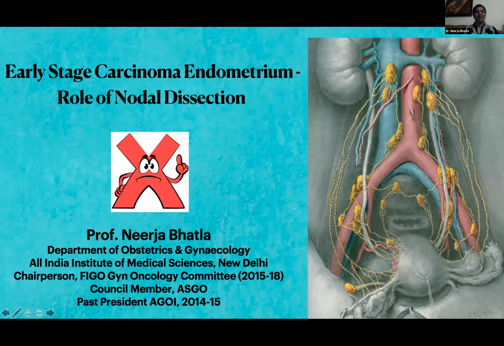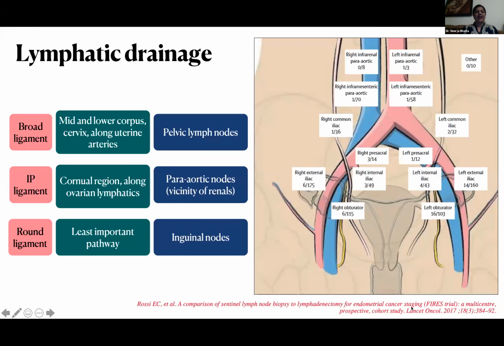Next. And already it has been pointed out that when you talk about lymphadenectomy for endometrium, you are not talking just about the pelvic nodes, but the other routes which go directly to the para-aortic nodes are equally important.